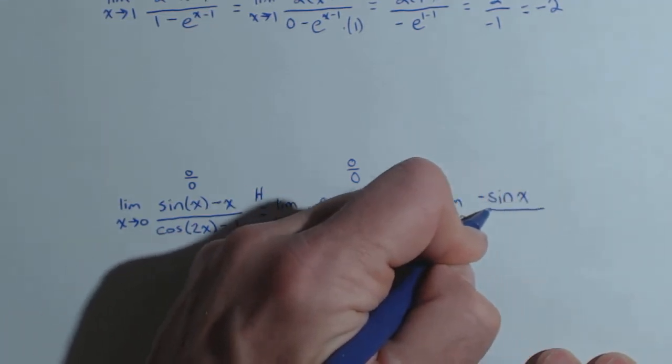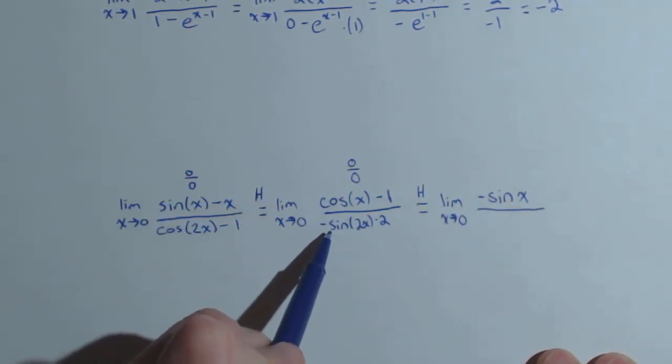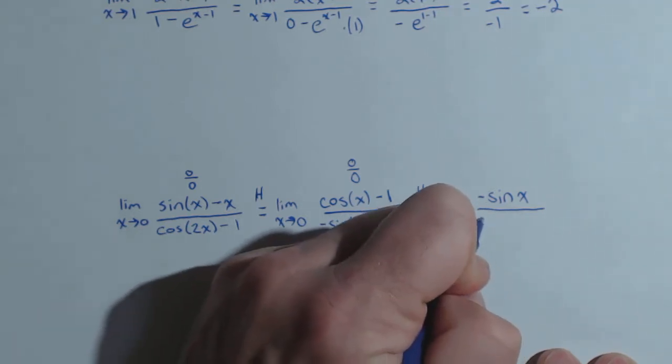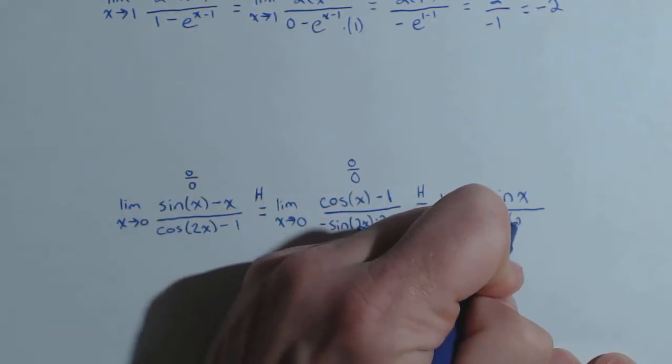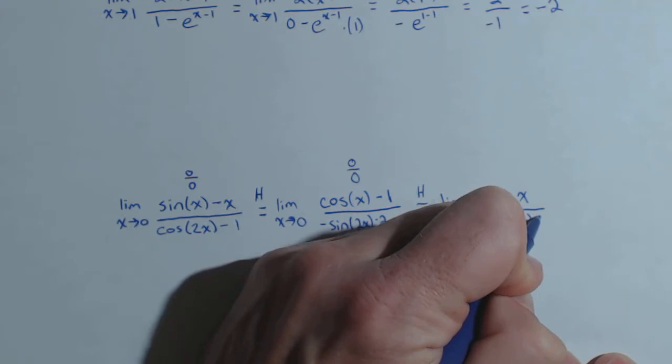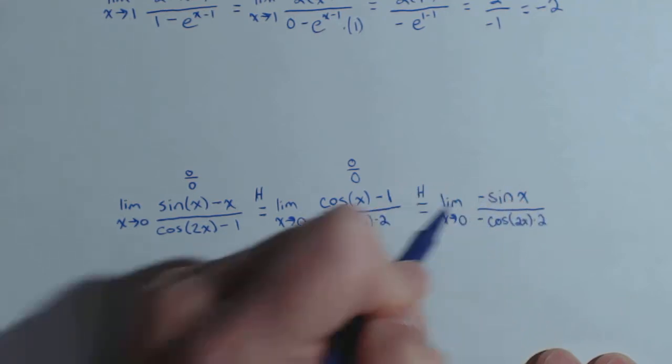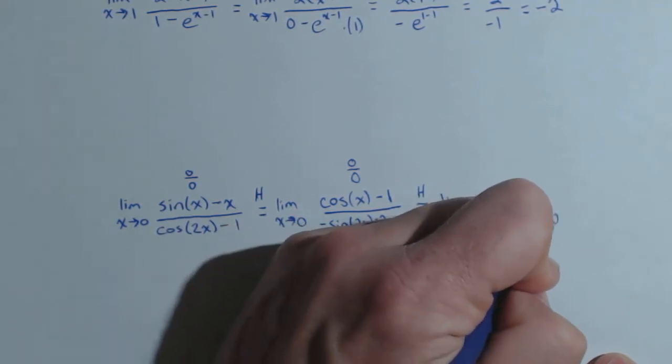The derivative of 1 is 0. In the denominator, notice I've already got a 2 in there, so now the derivative of negative sine is negative cosine of 2x times 2, and we also have this 2 that was already in there.